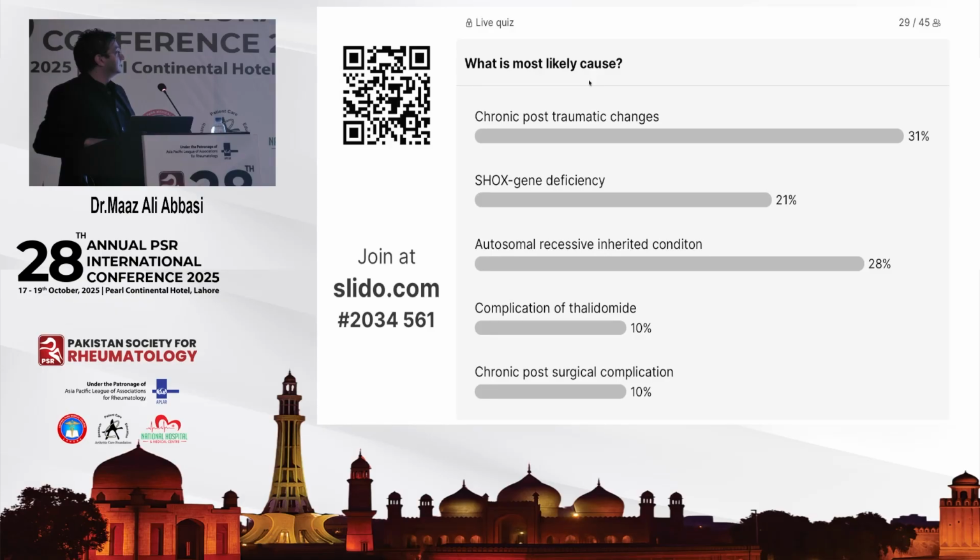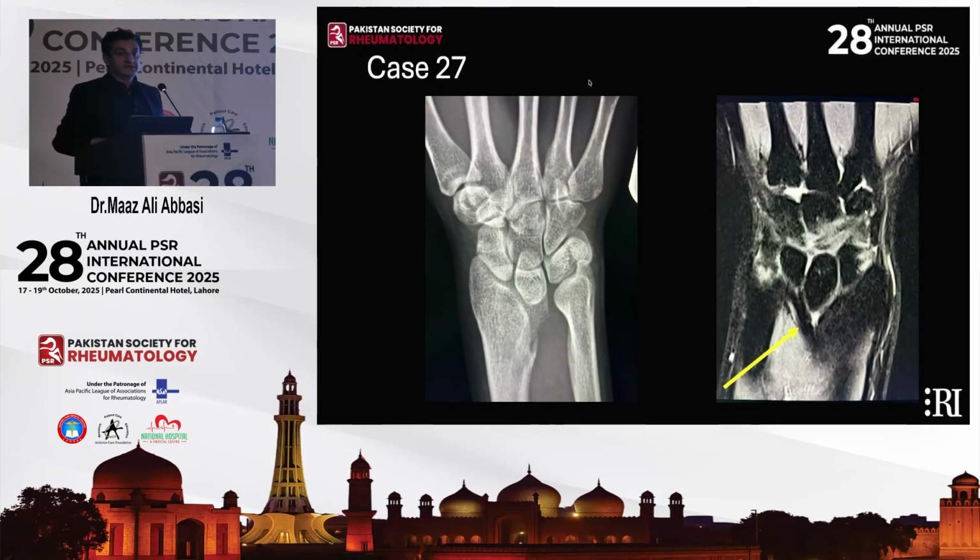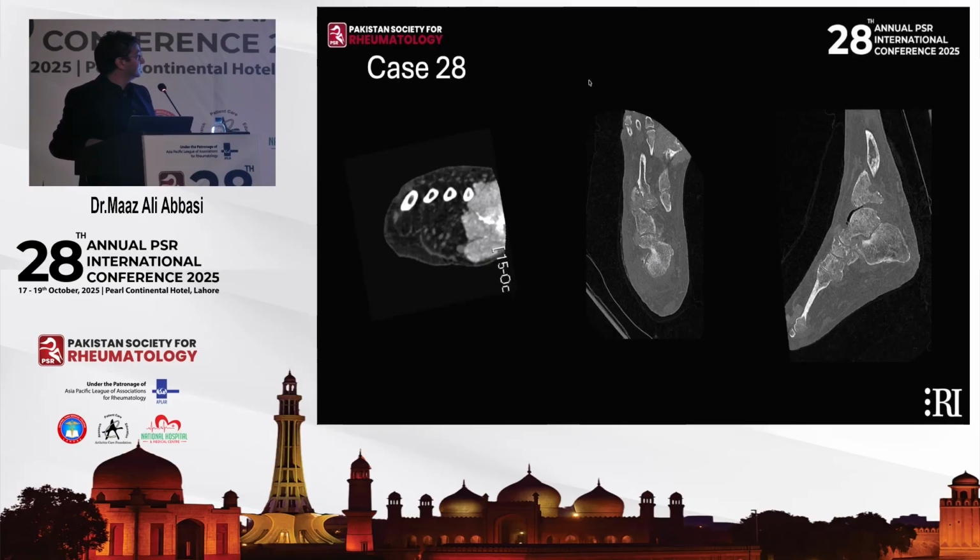Wow. That's actually really impressive. Because the correct answer is SHOX gene deficiency. Anybody know what this thing is? This is a Madelung deformity. And this thing is a Vickers ligament. And Madelung deformity comes because of a deficiency of the SHOX gene. So that's what that is. So whoever got that, Hamza, whoever you are, fantastic. That is a phenomenal answer.